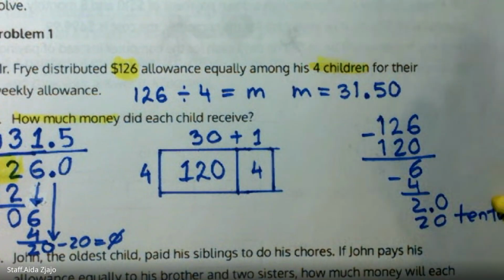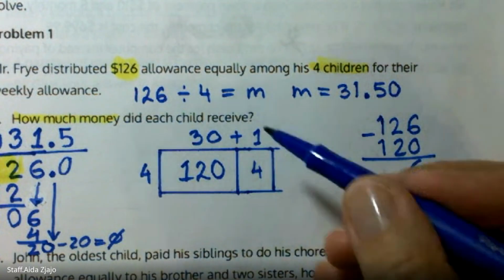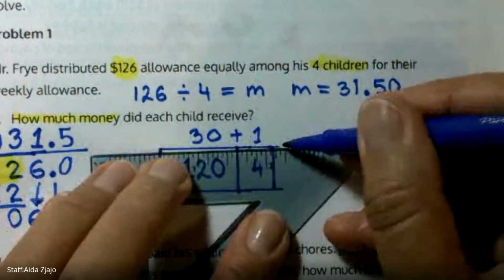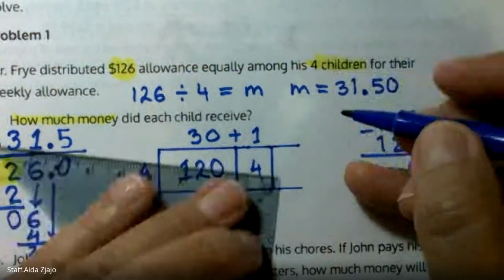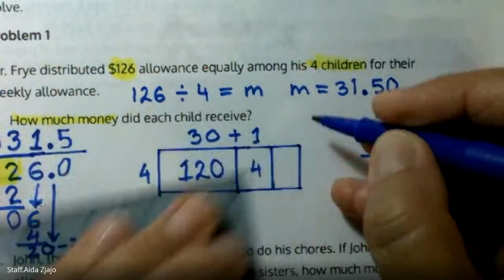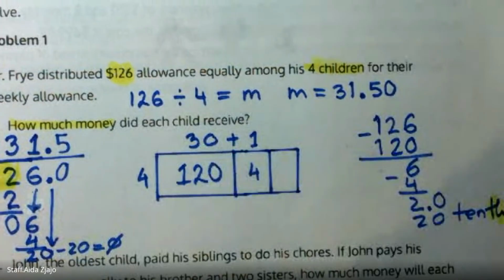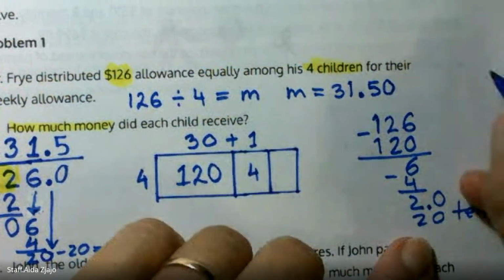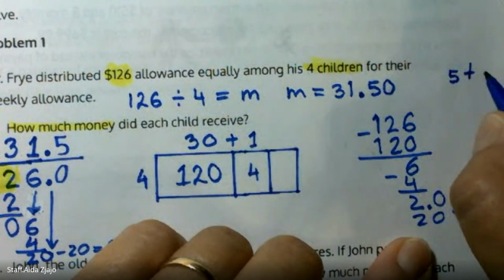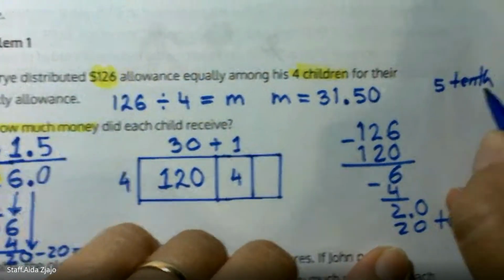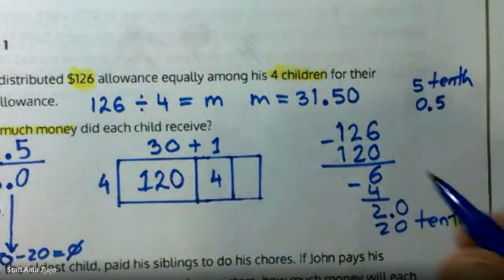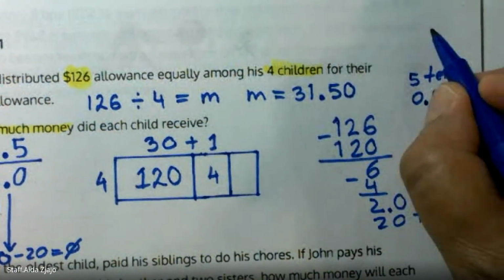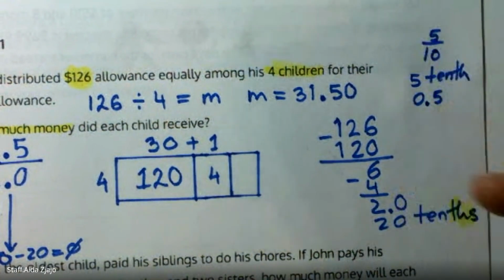So when I think of $2 as 20 tenths, I can share equally 5 tenths to each. If I give each 5 tenths, that equals 0.5, or 5 out of 10 pieces.